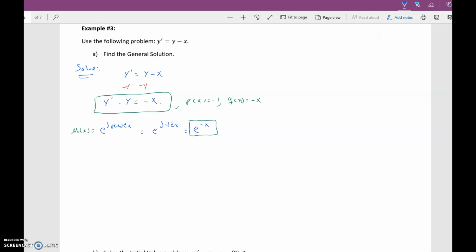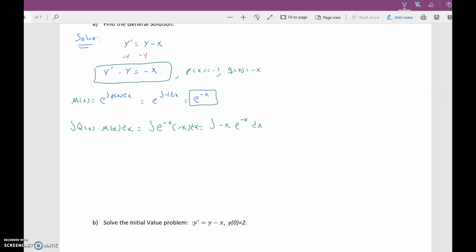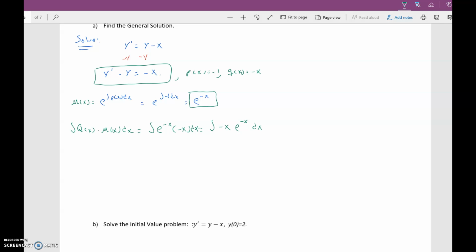And then let me calculate on the side the integral of q of x times mu of x dx, which is equal to the integral of e to the negative x times negative x, or the integral of negative x e to the negative x dx. This one is going to work by tabular integration.